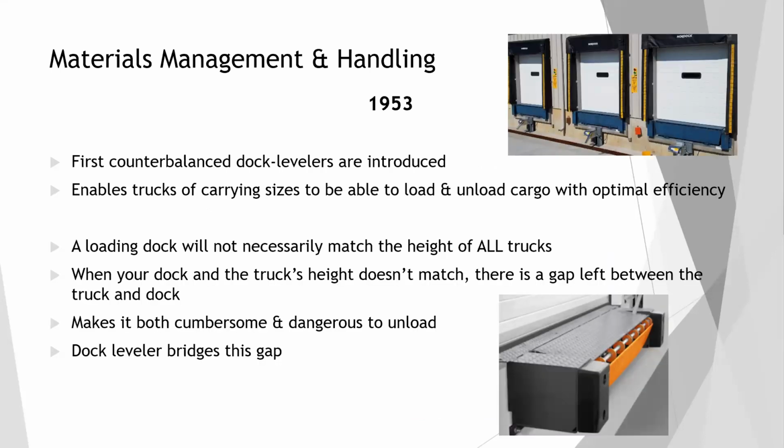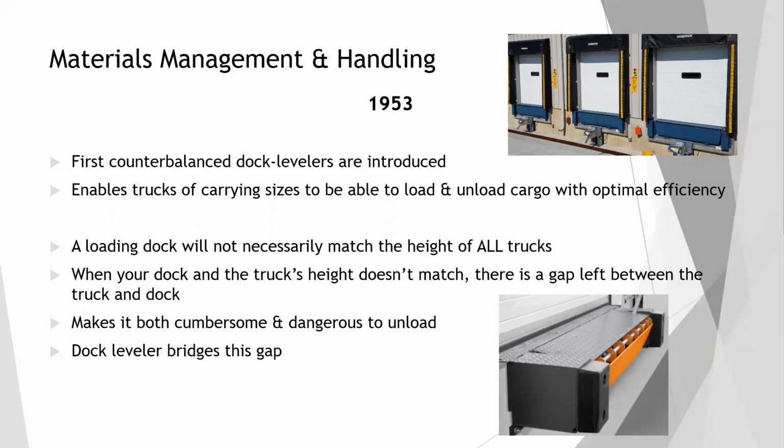1953, the first counterbalance dock levelers are introduced. So you see here in the upper right-hand corner, I've got a picture of some dock doors. And the thing in blue, kind of beneath the structure, a bar-like structure beneath the white dock door, that is what a dock leveler is.